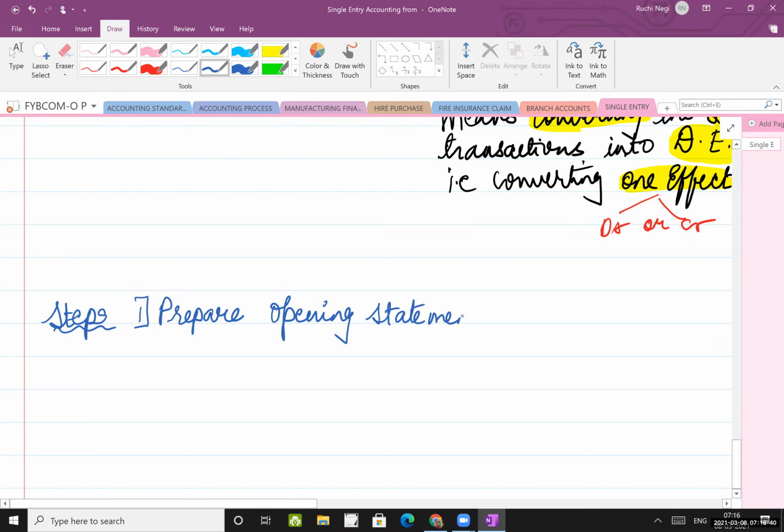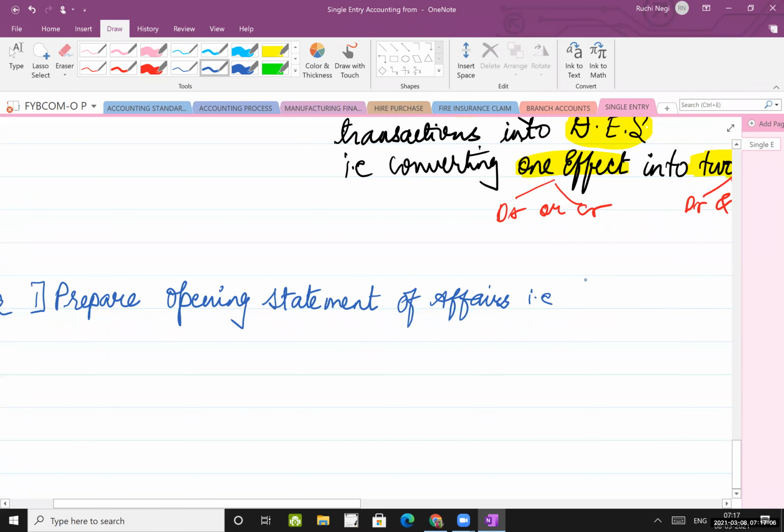Last lecture I had discussed double entry and single entry system of bookkeeping. Double entry system of bookkeeping, you have a balance sheet. Single entry system of bookkeeping, you have a statement of affairs. Prepare the opening statement of affairs, that is the opening balance sheet.